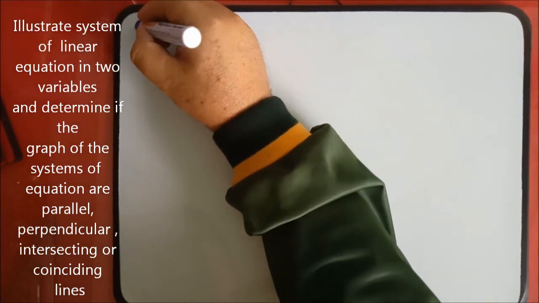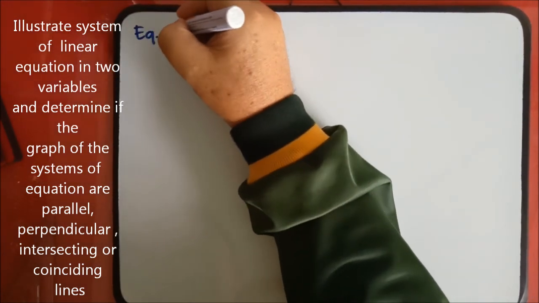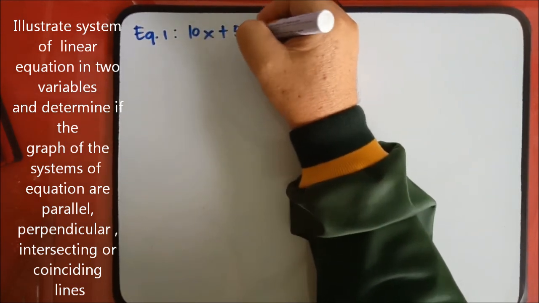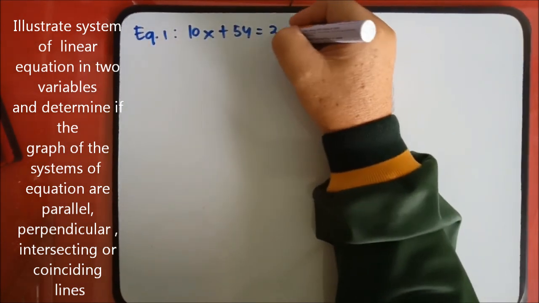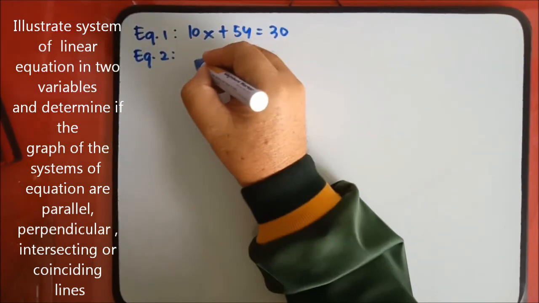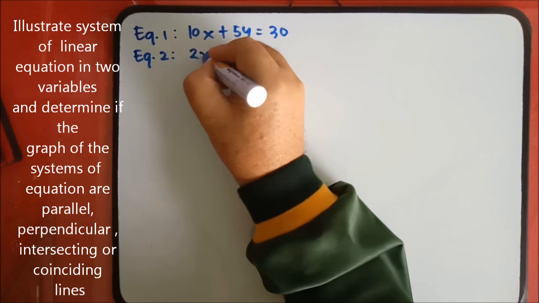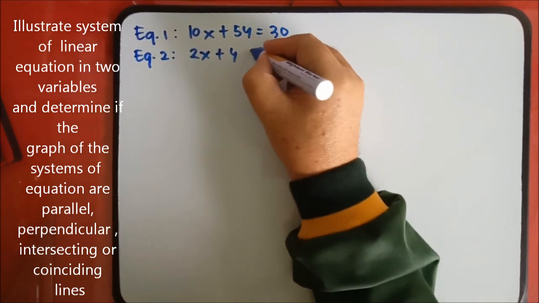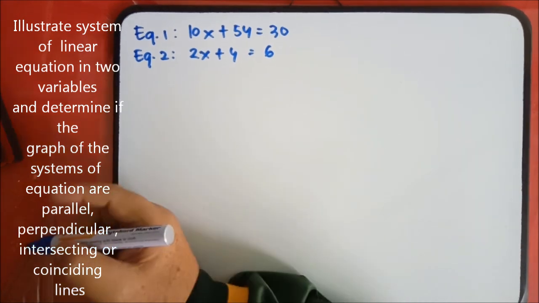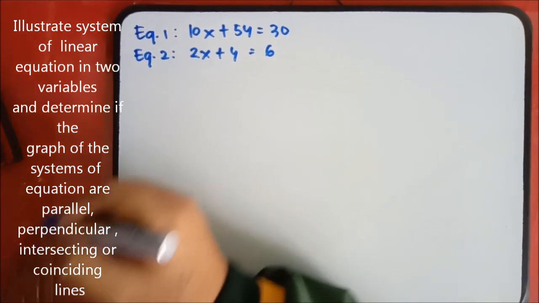Let's say equation number 1 is 10x plus 5y is equals to 30. Then equation number 2, let's say 2x plus y equals to 6. Okay, what is our first step? Convert these equations into slope-intercept form.